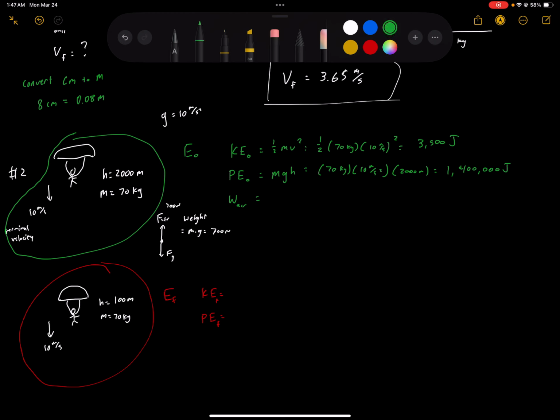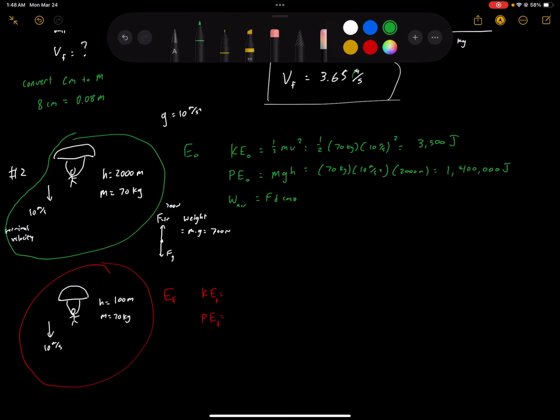So let's use the equation Fd cosine theta, just so you don't think that x is simply multiplied by the cosine theta.